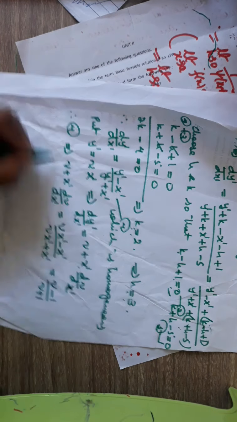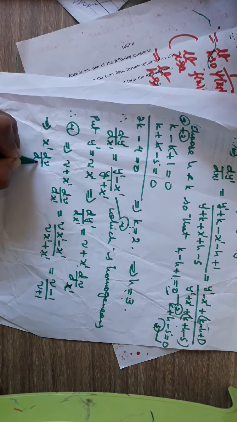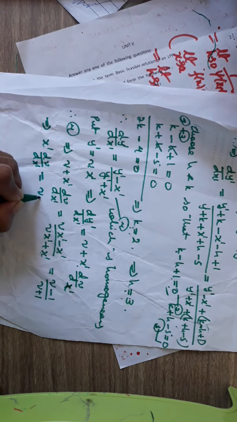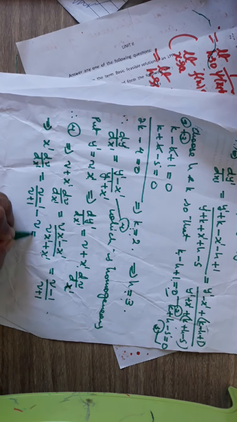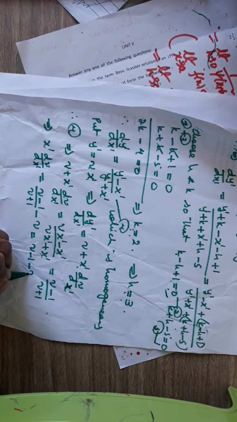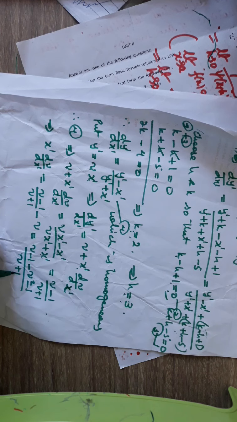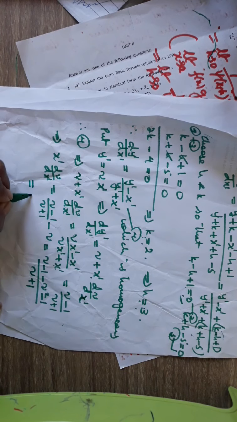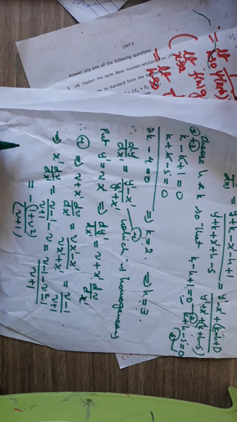Now bring this v to one side, so x prime dv/dx prime is equal to v minus 1 divided by v plus 1 minus v, which is equal to v minus 1 minus v square minus v, divided by v plus 1, which is equal to minus 1 minus v square divided by v plus 1.